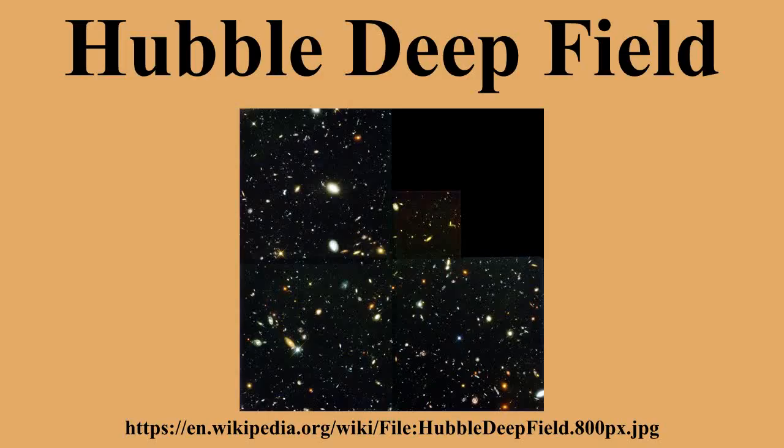Between December 18 and December 28, 1995, during which time Hubble orbited the Earth about 150 times, 342 images of the target area in the chosen filters were taken.